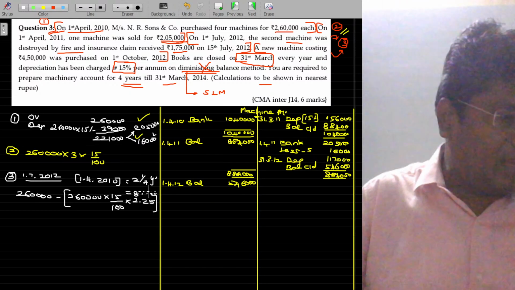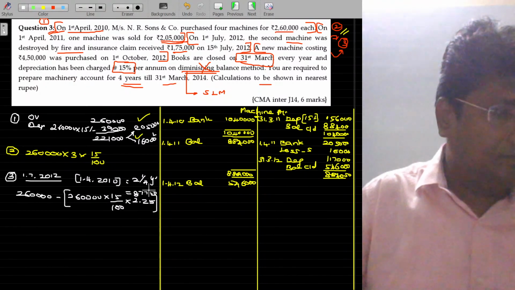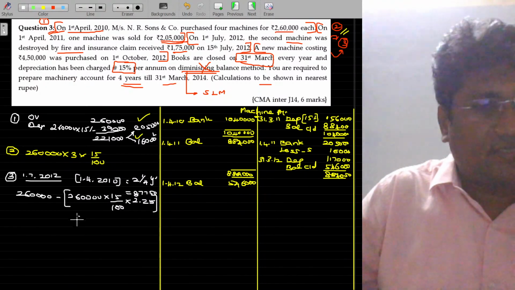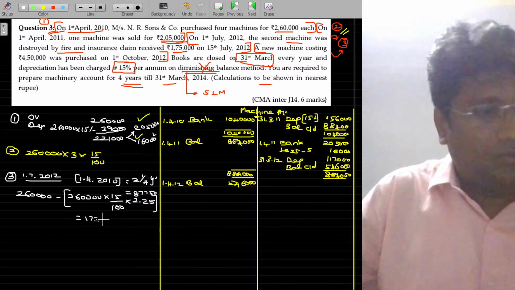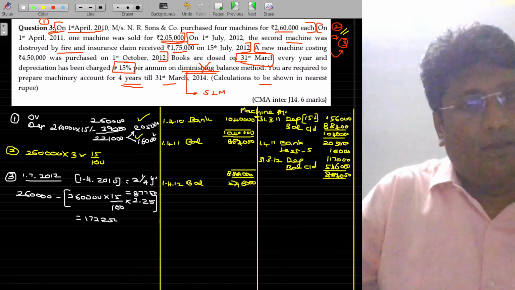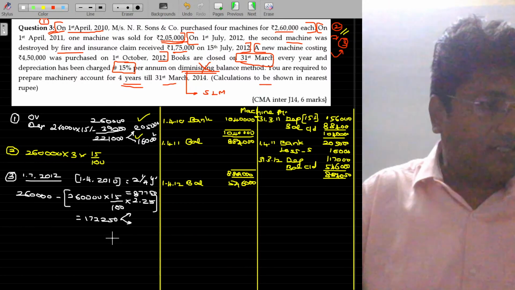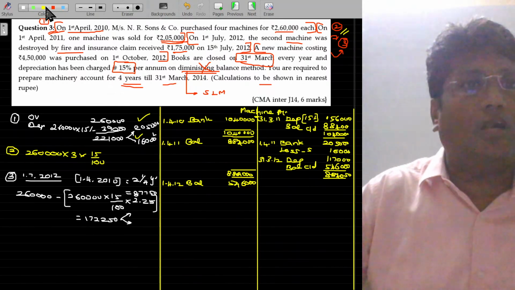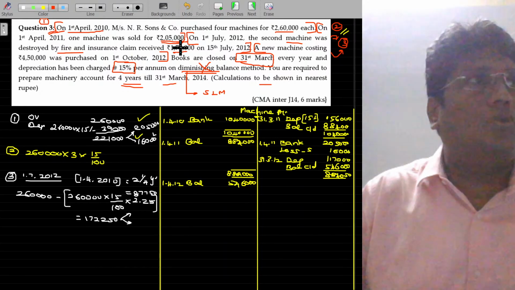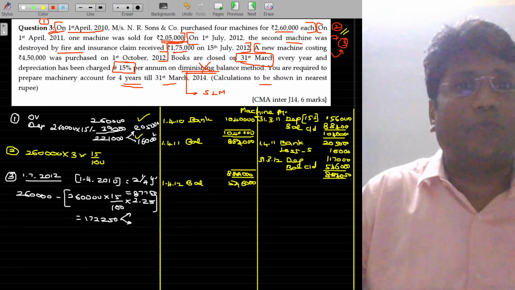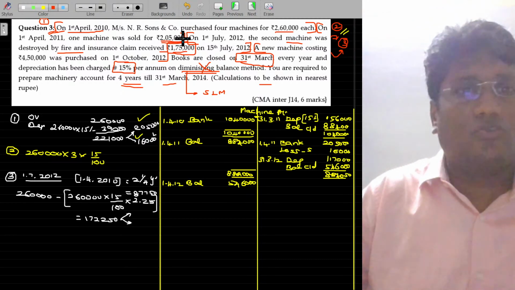Now if I subtract this value from 2,60,000, the ultimate value is 1,72,250. But this one was not sold; it is insured. We are getting the insurance claim of how much? 1,75,000.